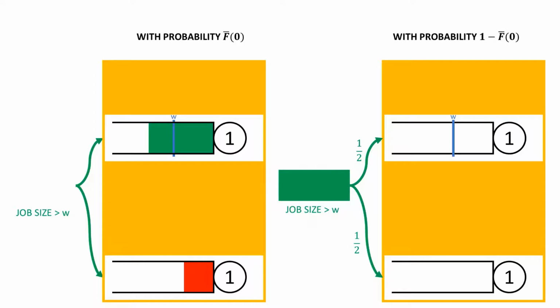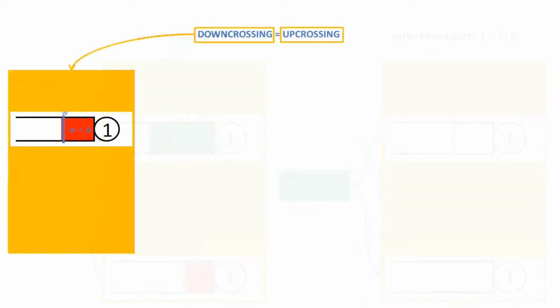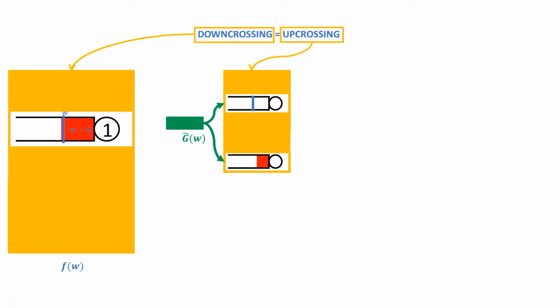To summarize, we have for case 1 a probability of G bar of W that the job size exceeds W, a probability F of 0 that the cavity queue has no work left, and a probability of F bar of W that the second queue that was selected has some work. Here we denote by a capital letter the cumulative distribution function, and if we write a bar over the letter, this should be interpreted as the complemented CDF.